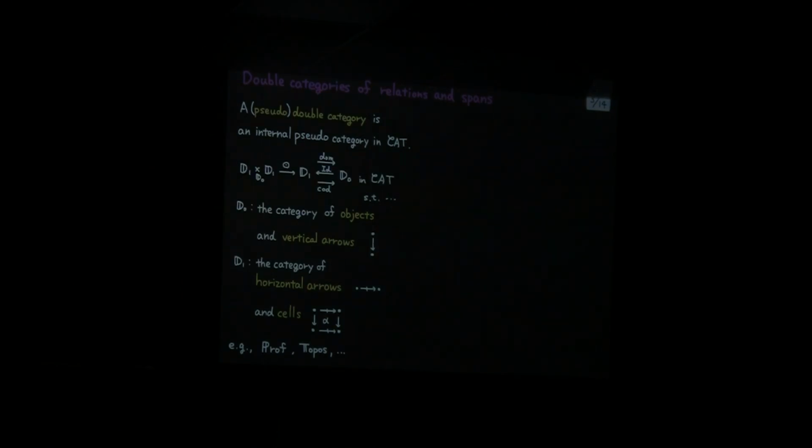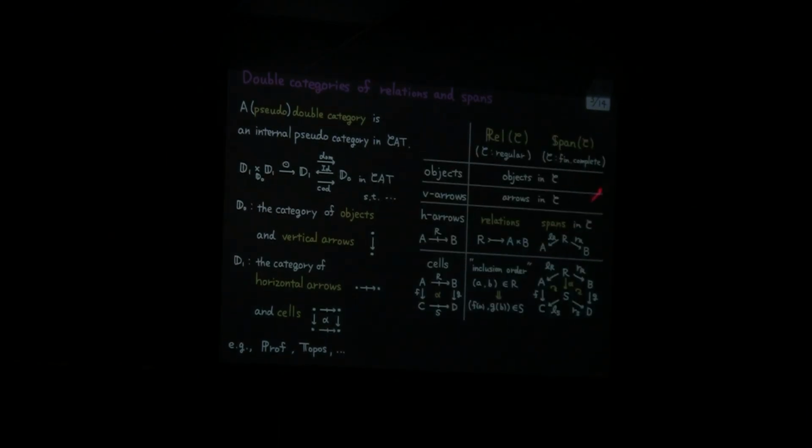In our convention, the composition of horizontal arrows is associative just up to isomorphism. Important examples include the double categories of profunctors or toposes, but our focus is these double categories.